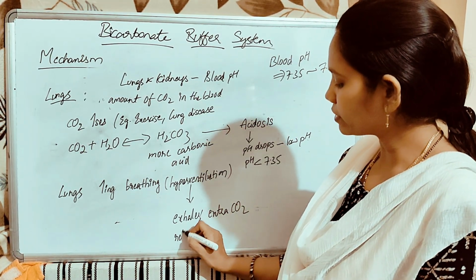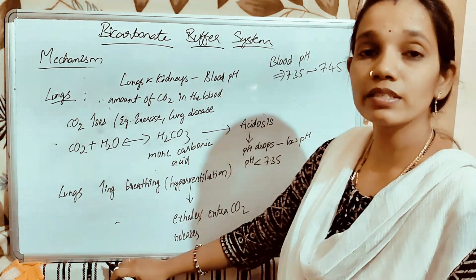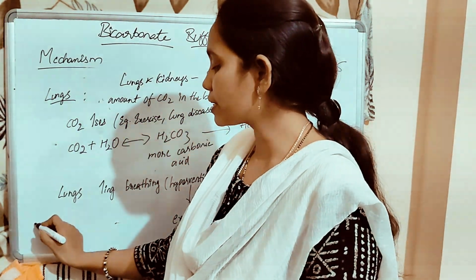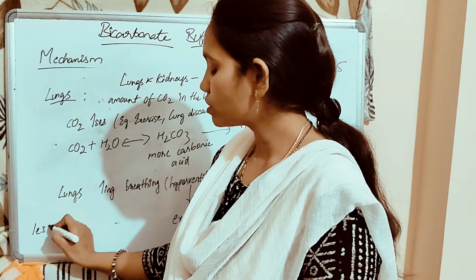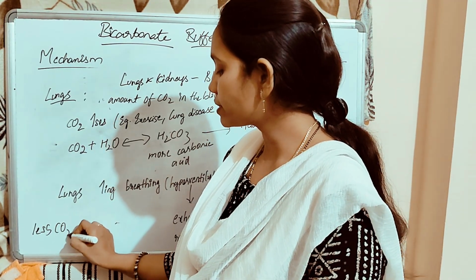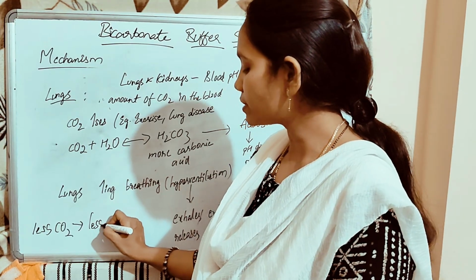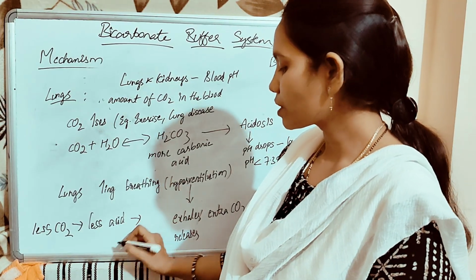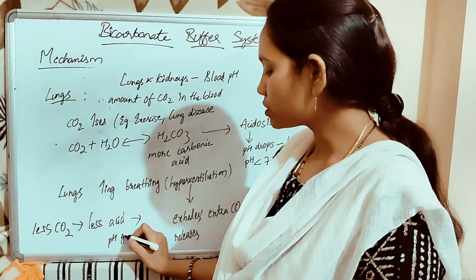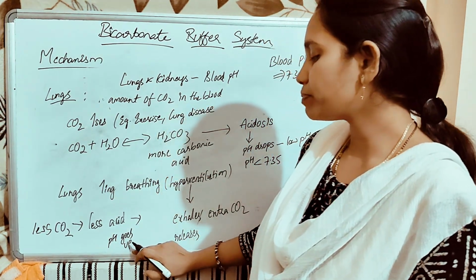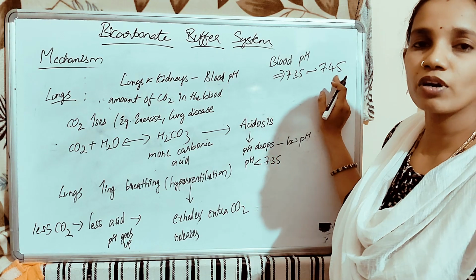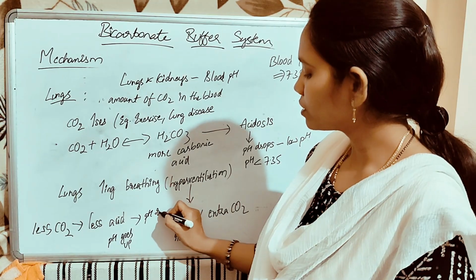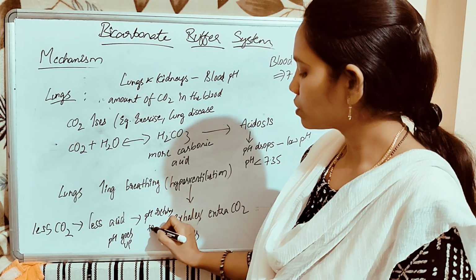If it is releasing extra carbon dioxide, the carbon dioxide level will be low. If less carbon dioxide is present, less acid is formed. If less acid is formed, pH goes up. What do you mean by pH goes up? It will not be above 7.45 but it returns to normal. pH returns to normal.